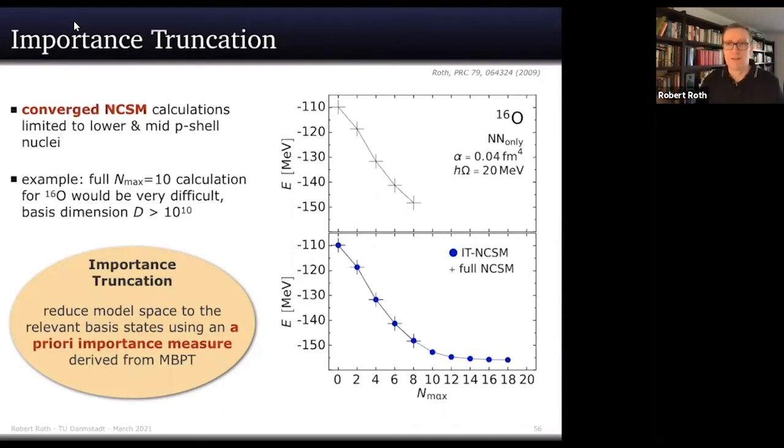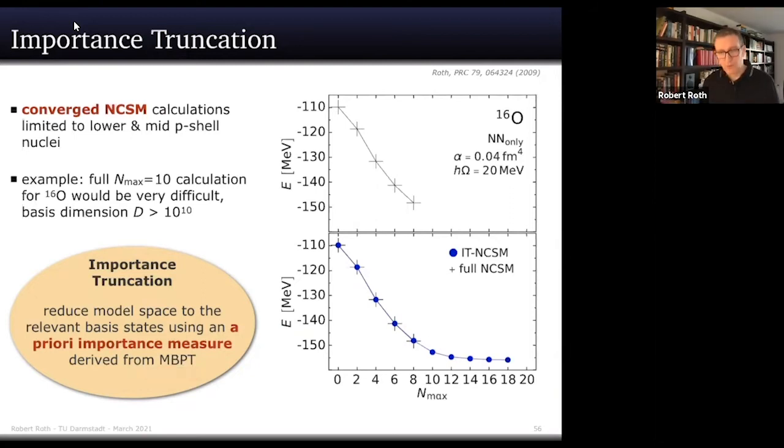Of course, if you have this expansion, you see states which have tiny, tiny coefficients or even 0 coefficients. But in order to see that, you have to solve the problem. You've gained nothing. You have to be able to predict that without doing the calculation. And you can predict that with a very simple many-body method, namely many-body perturbation theory.